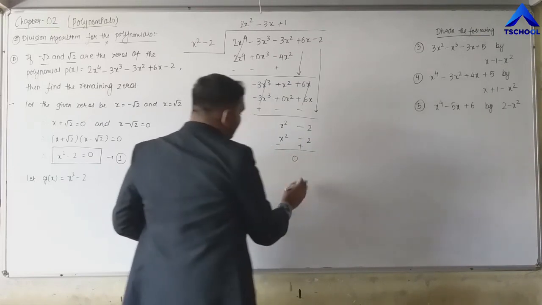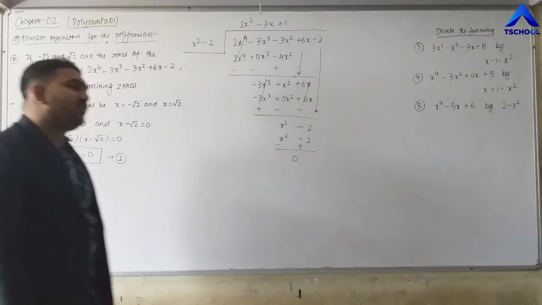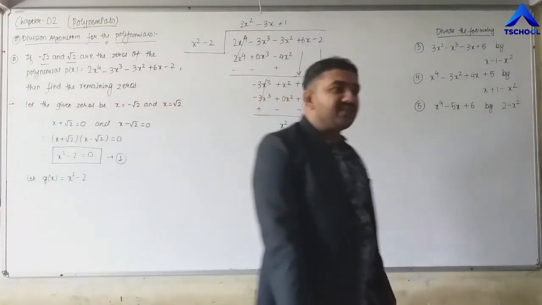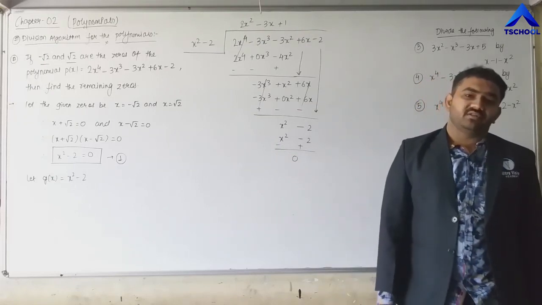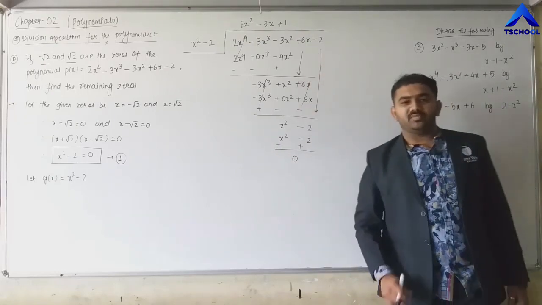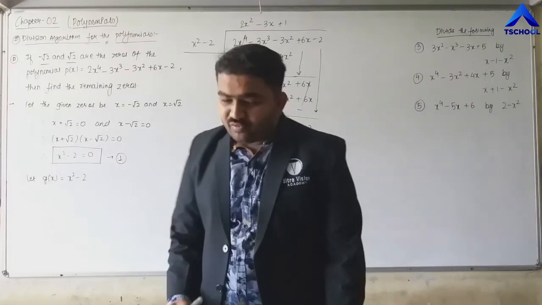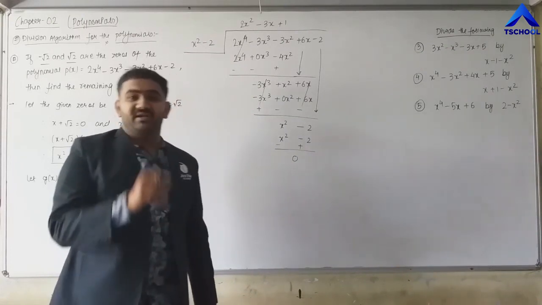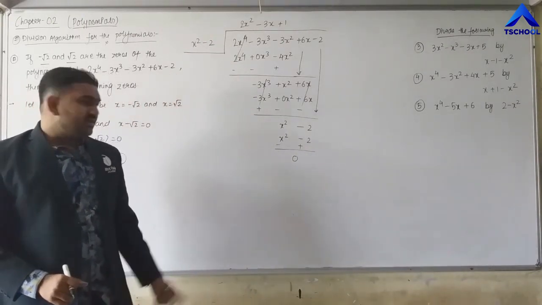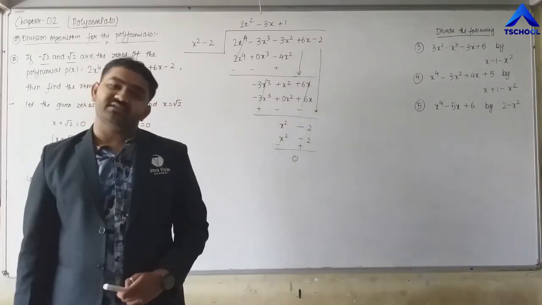Eliminating them, we get the remainder equal to 0. Note that in this specific type of question, the remainder of the division of these two polynomials will always be 0. And if you get any remainder, then make sure you have made the division correct, because if you get a remainder here, that surely means you have made a mistake somewhere.